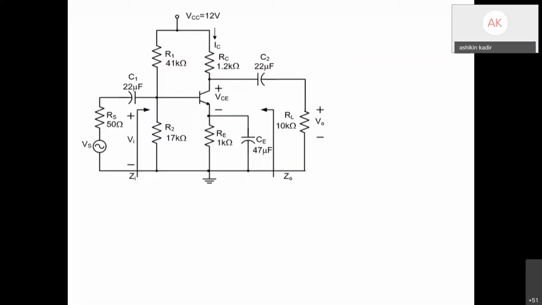So how much is your IC for this one? Shall I continue from the previous exercise or we go one by one? I think one by one. There are some of you who haven't submitted the exercise yet, but that's okay. Try to do it on your own or ask your friend and then try to submit it.